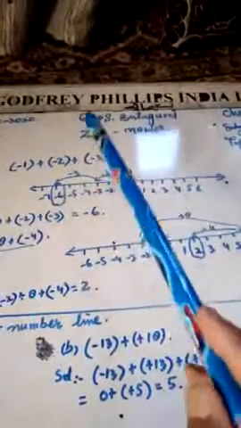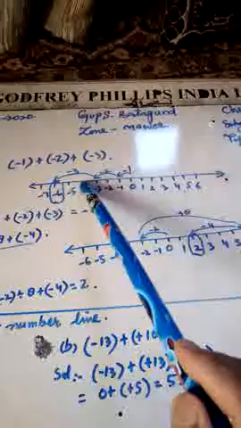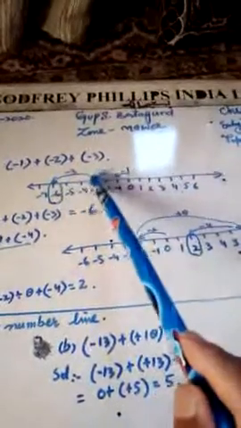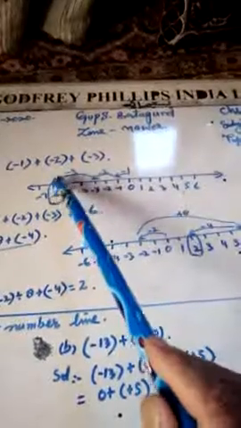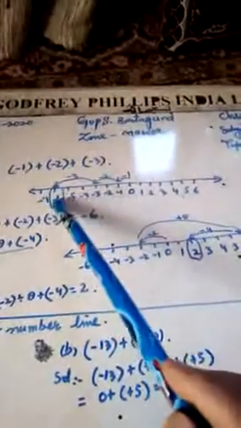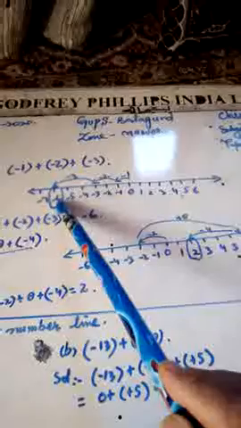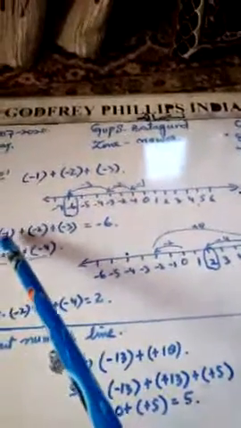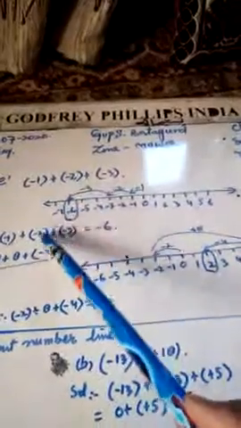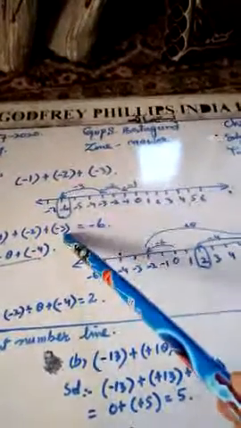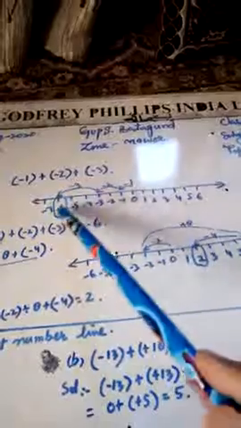This is step 1, step 2, and step 3. We jump 3 steps towards the left, and finally we will reach the point -6. This is our answer.